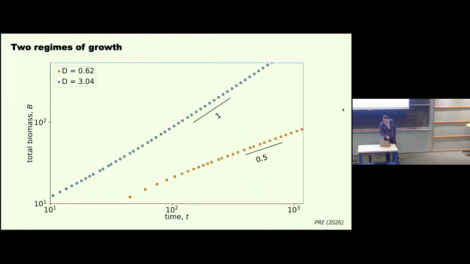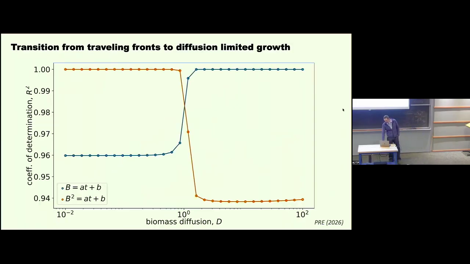So the long story short is that this model does predict both the linear expansion and the square root growth. So for different values of this parameter d, we plot the total biomass against a one-dimensional simulation. So the biomass is the same as position, more or less. And what we see is that sometimes we have a linear expansion, and sometimes we have a square root expansion. Right? You can systematically vary the parameter d and try to fit either a linear dependence or a square root dependence.